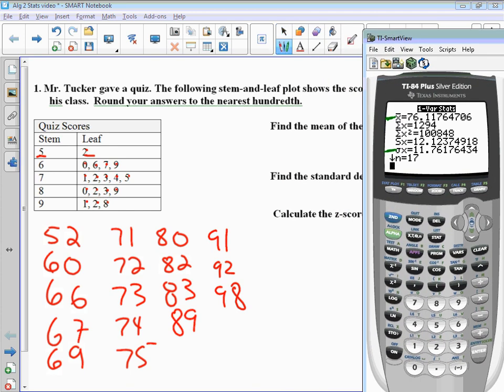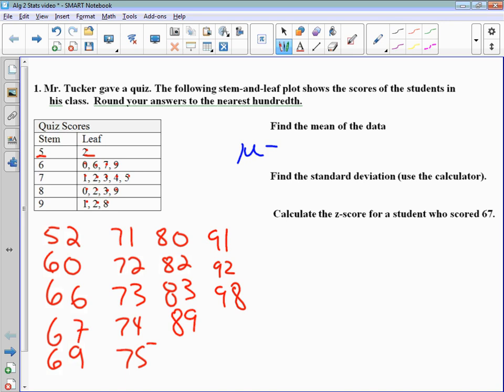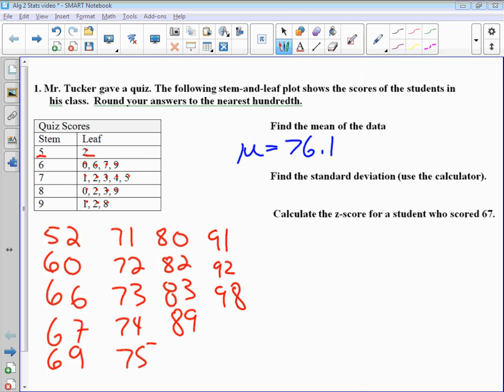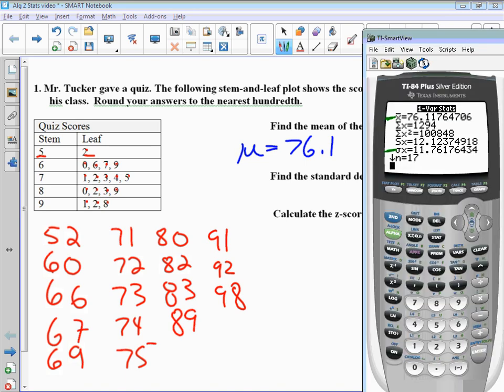So the mean is going to be, and we're going to use a different symbol because this is the symbol they'll use on the SOL, which is mu, let me bring it back up, 76.12.